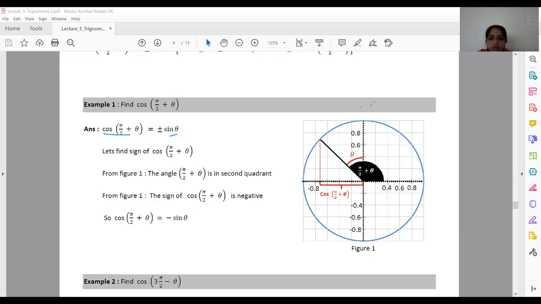This one is pi by 2, and this is the theta. So pi by 2 plus theta is in the second quadrant, and in the second quadrant, the sign of cos is negative. So our answer is negative.